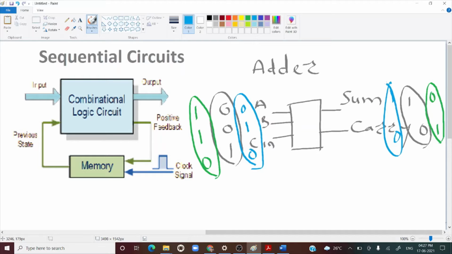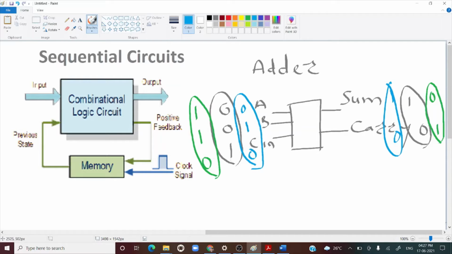The output totally depends on the present inputs applied. If you apply the input shown in gray, that is 0, 0, 1, every time the sum is going to be 1 and carry is going to be 0. No matter in which sequence you apply that input, or what the previous output was, whenever you apply 0, 0, 1, you will get the output 1, 0.